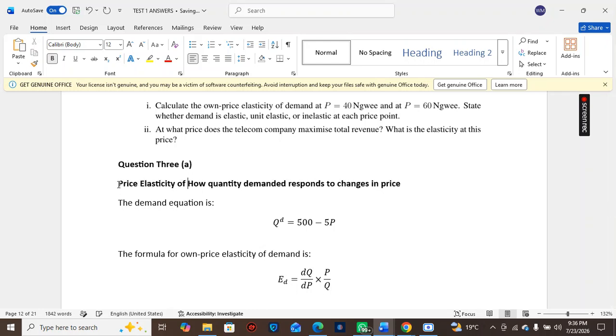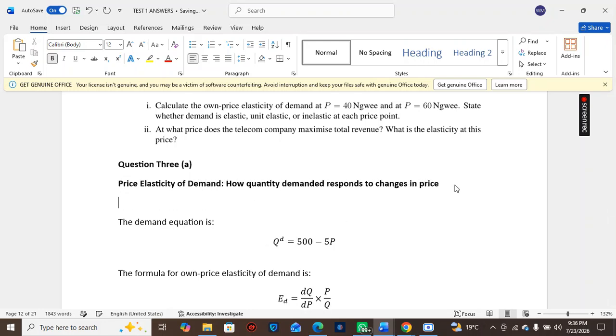So when we say demand is elastic, it means quantity demanded is sensitive to changes in price.